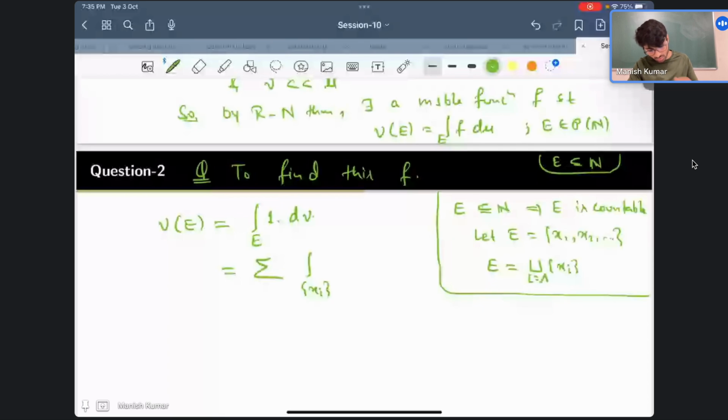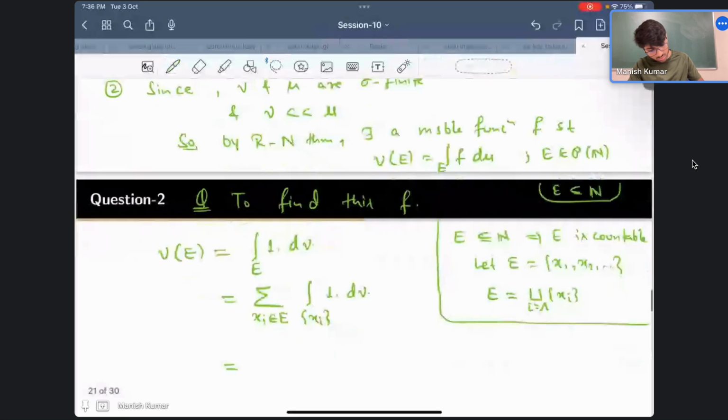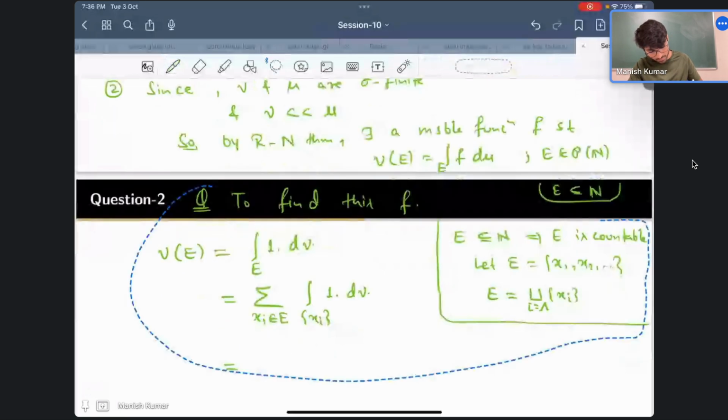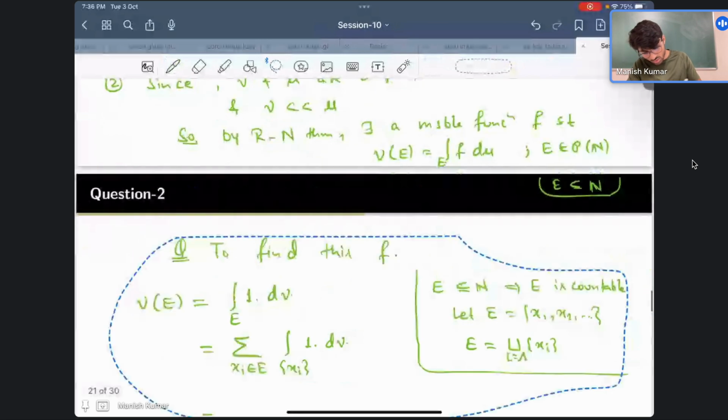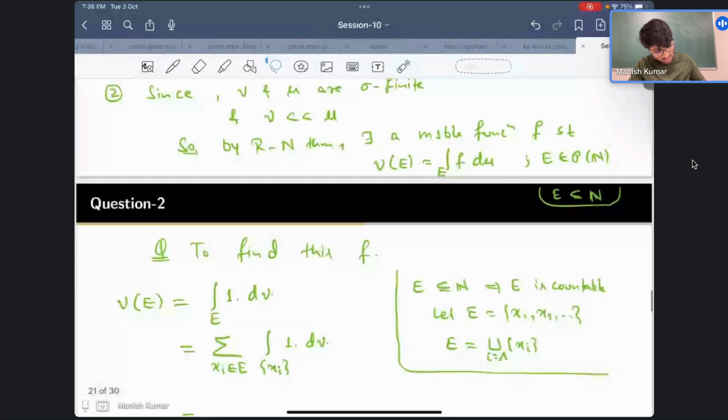Okay, now you see what this integration is. Suppose E I am writing in this way. Now here you are integrating with respect to the counting measure, right?